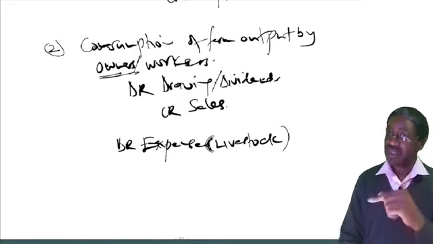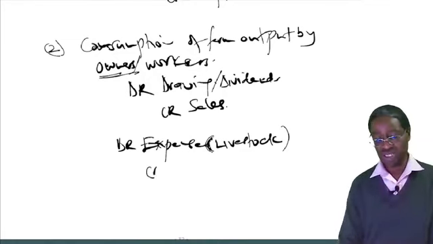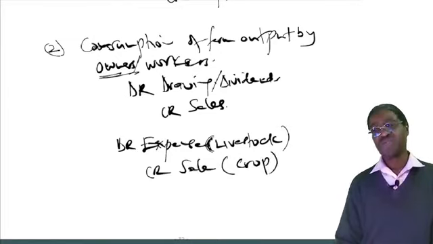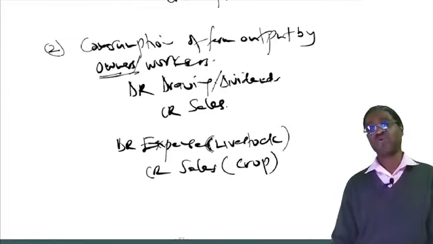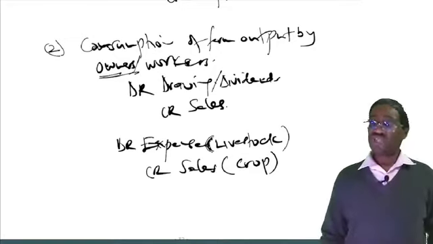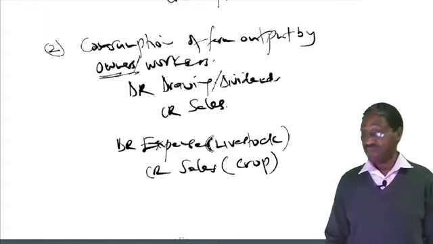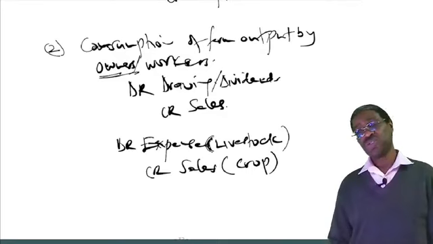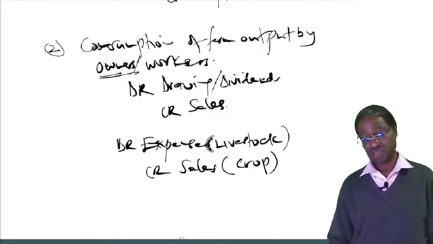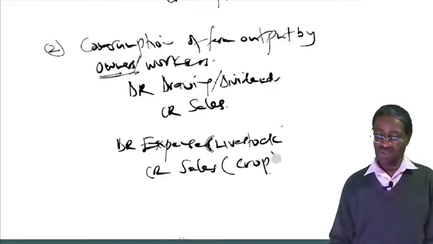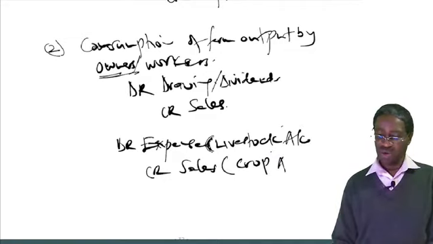That's like a revenue, like they are selling. So you take it like a sale of the crop. You credit the sales of the crop. Hope you're getting the point. So you take it to the livestock account as an expense, and to the crop account as a sale. You can even say here crop account, livestock account, just to mention clearly.